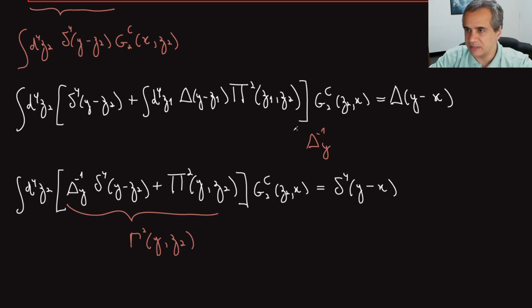You can see that this equation is really just 1, because I can use this integral just to exchange z2 by y here. So this is 1 plus delta pi 2 scalar g2. This 1 is just g2.